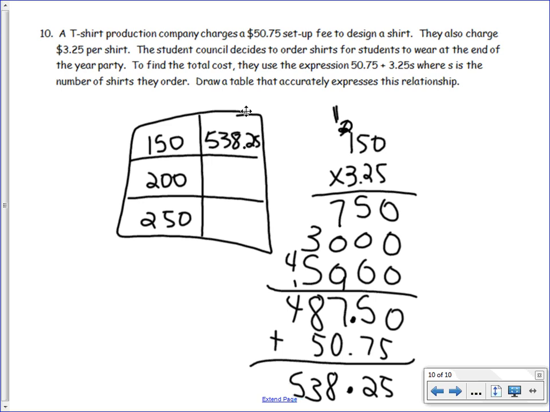200, so I'm going to take 150 times 200. Oh, I'm sorry, not 150. 200 times 3.25.